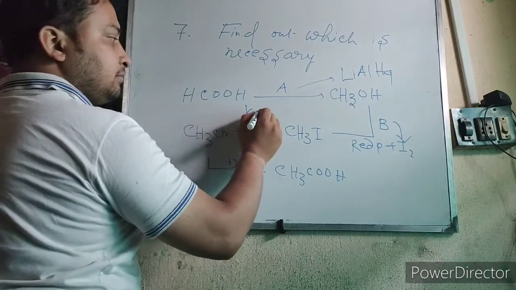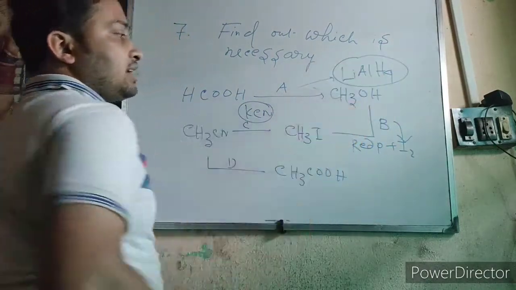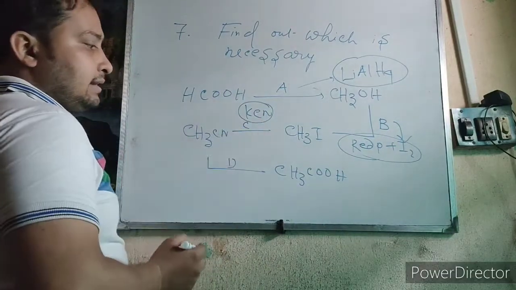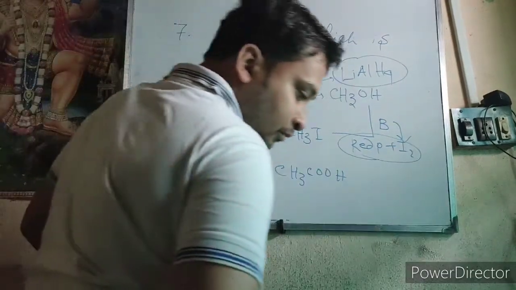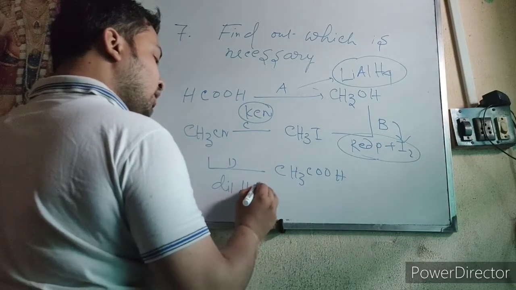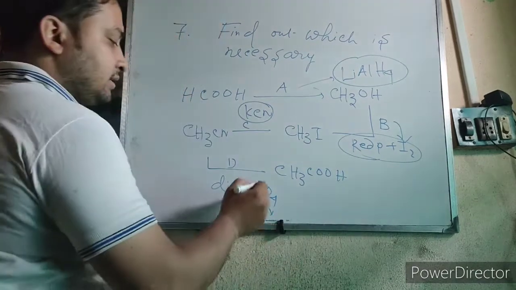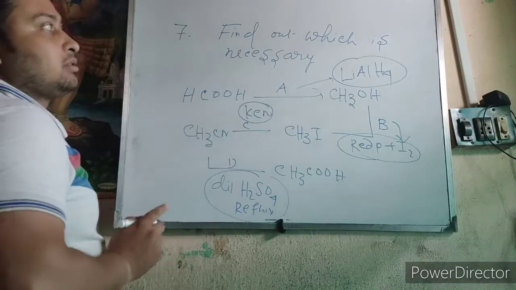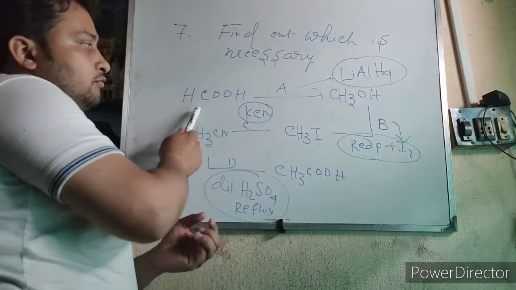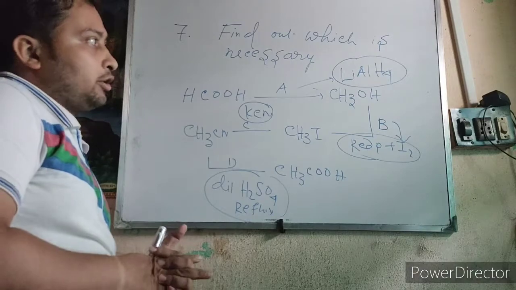Third is KCN, and after KCN you must use dilute H2SO4 and reflux. This is the seventh question: how to convert formic acid to acetic acid. This is very, very important.